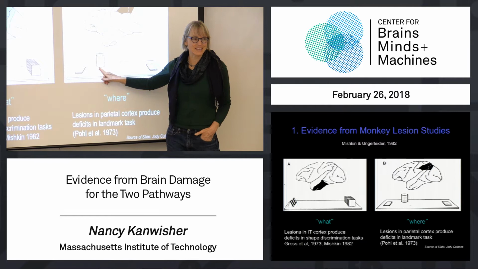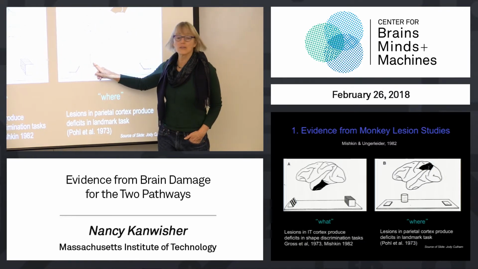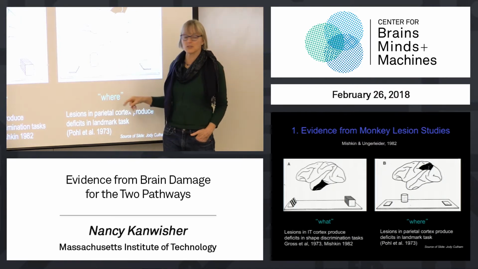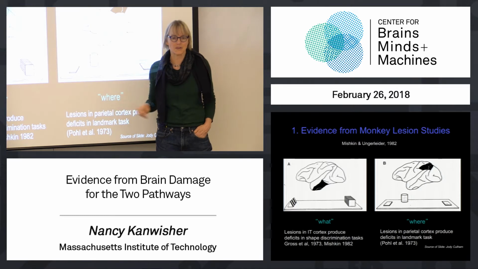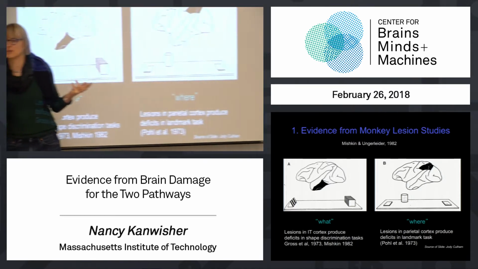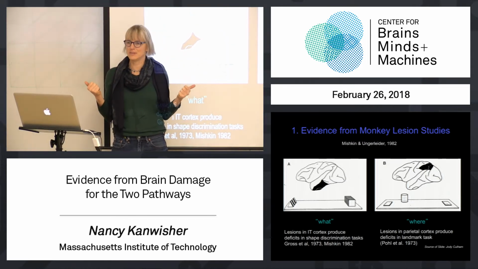In the where task, the monkey learns the food is under the object that's near the landmark, okay? And the landmark moves from trial to trial. Sometimes it's over here, sometimes it's over there. So does everybody get how here are the two different tasks you can train a monkey to do, the what task and the where task? Two different ways to find food?